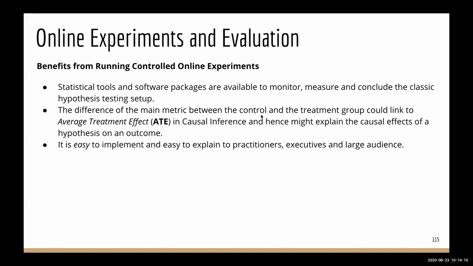But if we really zoom out, right, why do we want to run controlled online experiments? Well, because this is the step where we confirm that the realization of the hypothesis really improves the metrics. And there are a couple of benefits of running such an experiment. First of all, as I mentioned, there are a lot of classic tools and books already available to help you understand how to set up the settings properly.